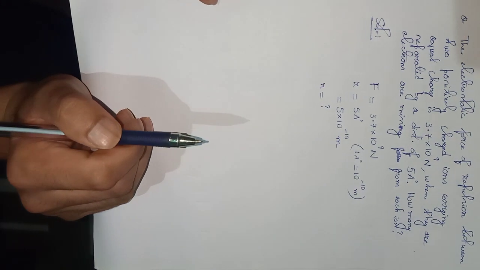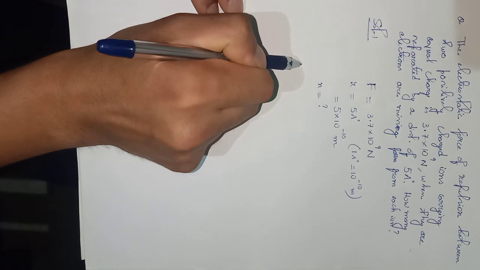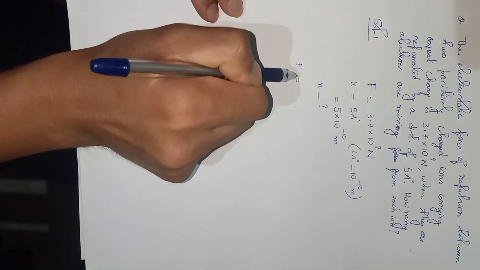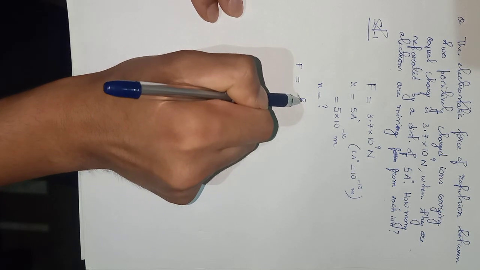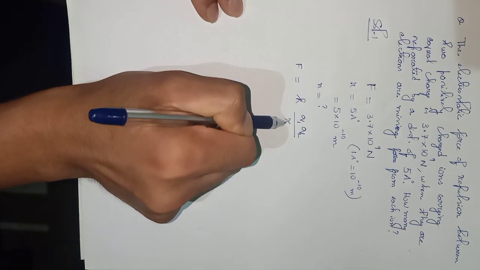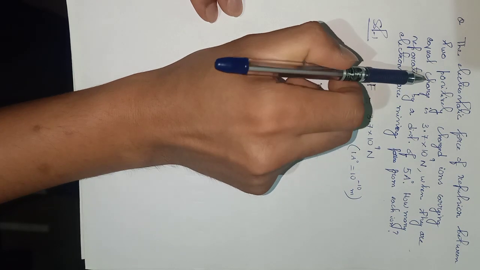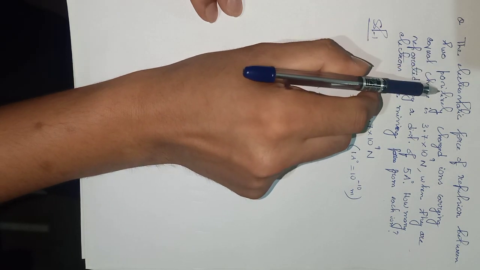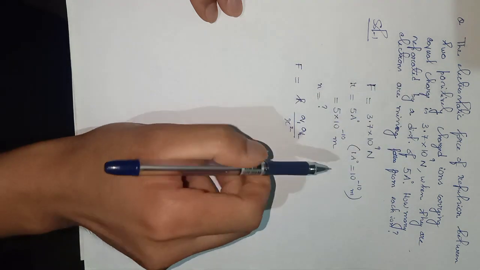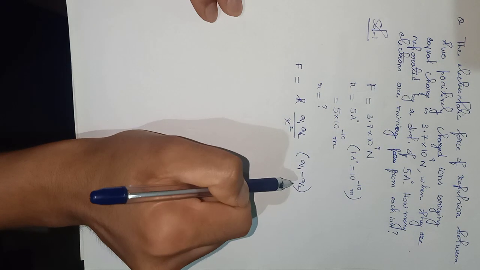Now, from Coulomb's law, the force of attraction or repulsion between two charges is given by F equals K Q1 Q2 by R square. The question talks about two positively equal charges. That means Q1 is equal to Q2.